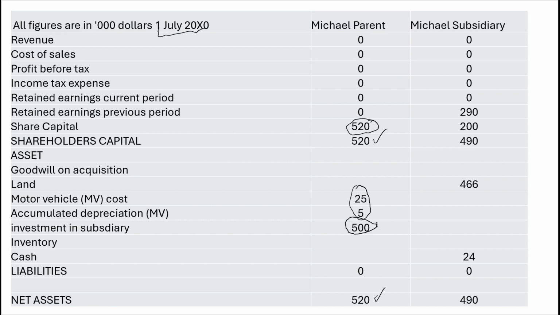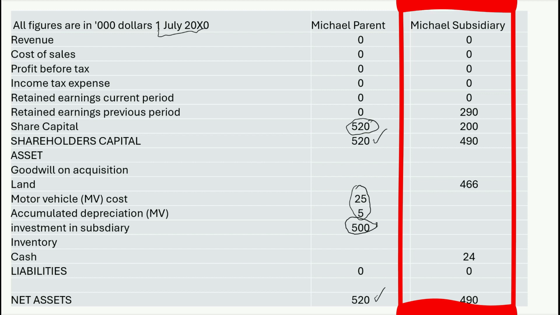$520,000 in Michael Parent. In Michael's Subsidiary, at the date of purchase, there was share capital of $200,000. There was retained earnings of $290,000. Because it is at the beginning of the year, there are no current period earnings.